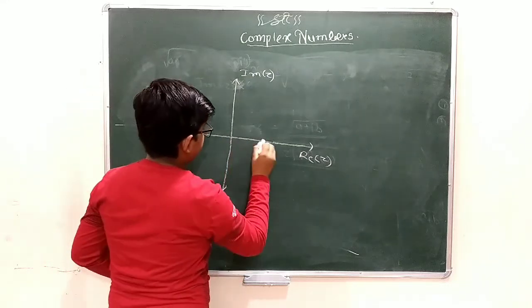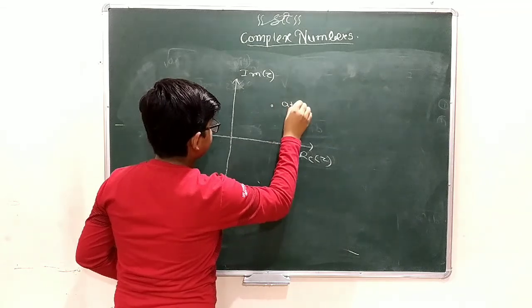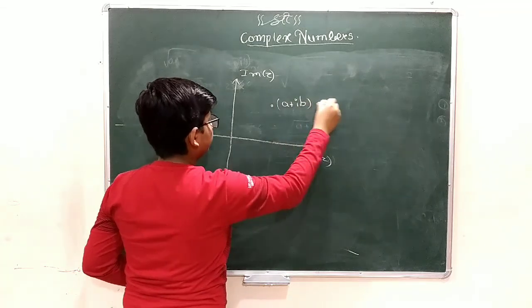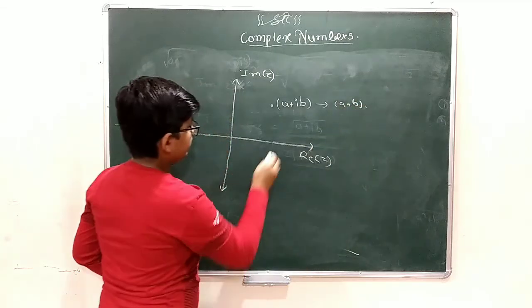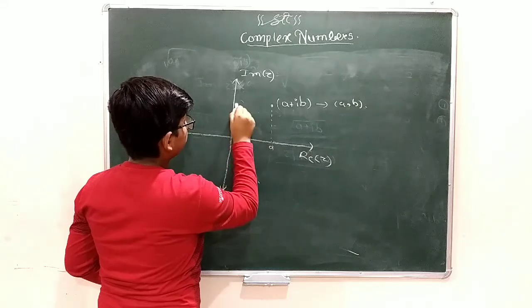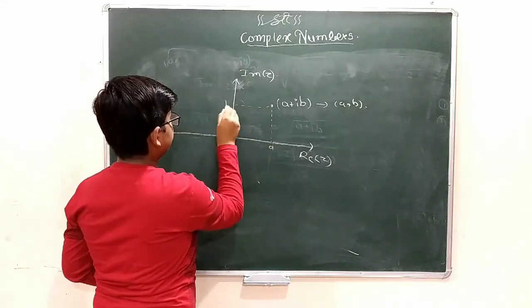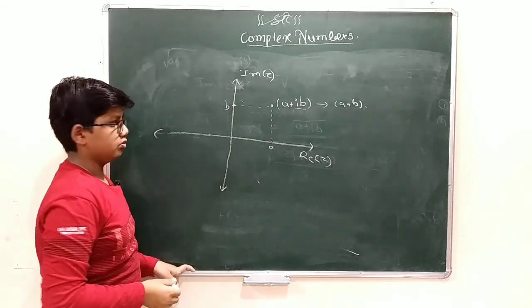Now suppose I take the complex number, this point a plus ib again, which represents the coordinates a comma b. This is point A, this is point B. This is imaginary, so we can represent it as ib also.